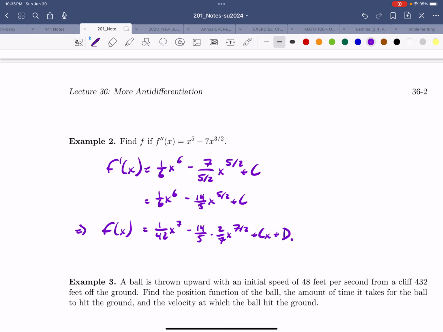C is a constant, but right, the antiderivative of any constant is just that constant times x. And now we have to add another constant, right? And I guess we can simplify this a little bit. This is going to be minus 4/5, it looks like.